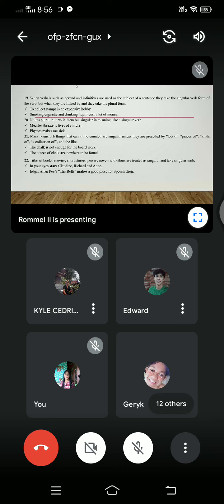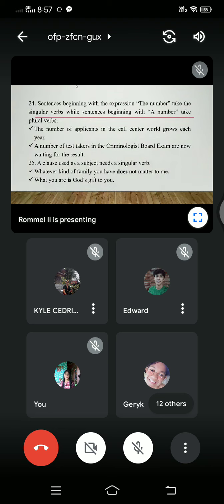Number 22. Titles of books, movies, short stories, poems, novels, and others are treated as singular and take a singular verb. Example, In Your Eyes stars Claudine, Richard, and Anne. Edgar Allan Poe's The Bells makes a good piece for speech choir.